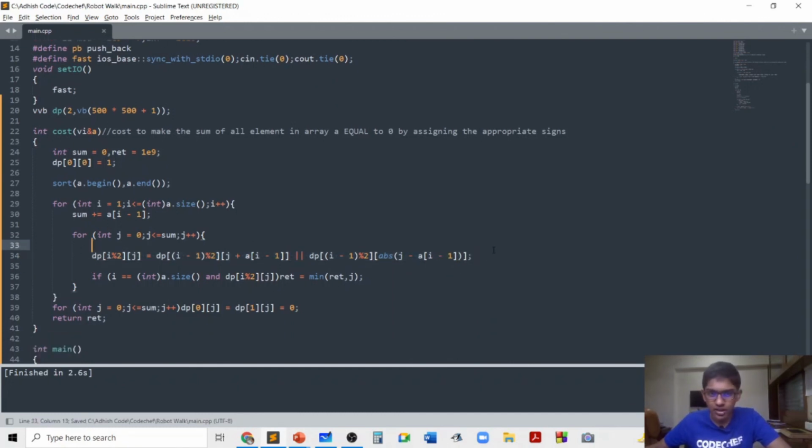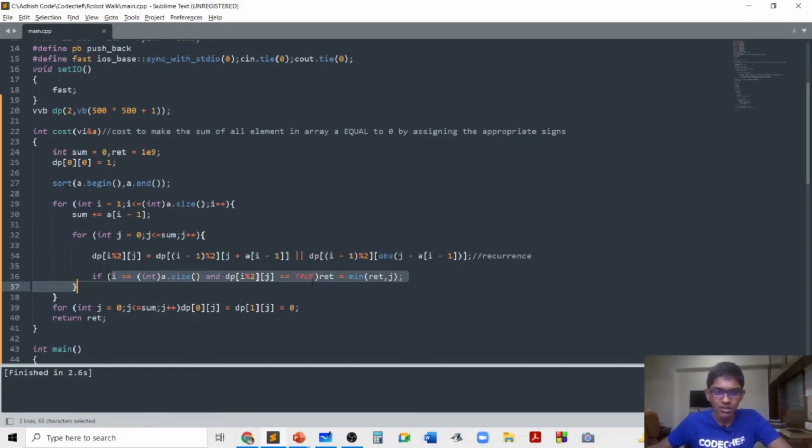So this is our recurrence, and the final answer I have to compute in this loop itself, otherwise the time limit is very strict, so you need to update the final returning value over here only. The returning value will be the minimum of itself and j when dp[i][j] is true and we are at the last element.